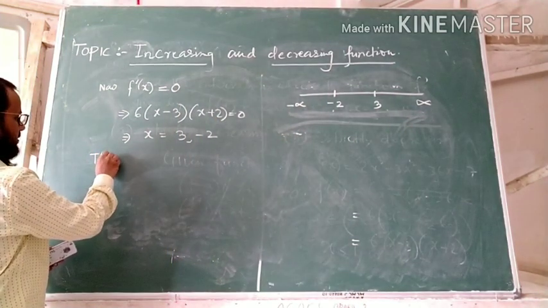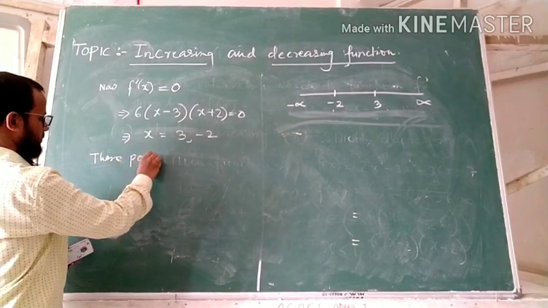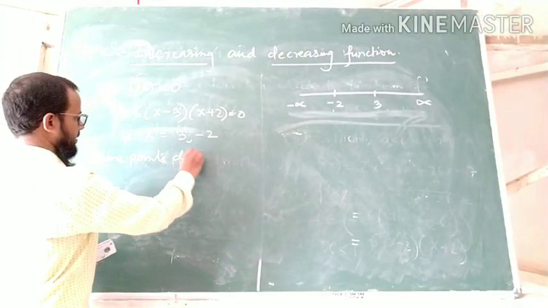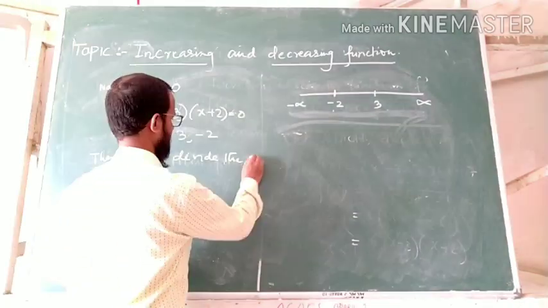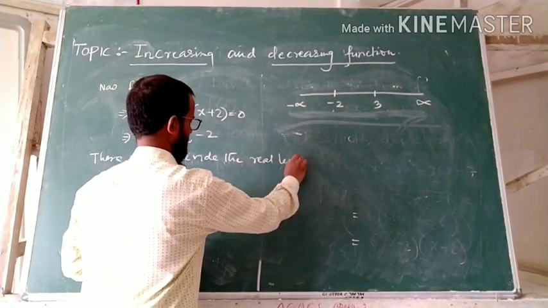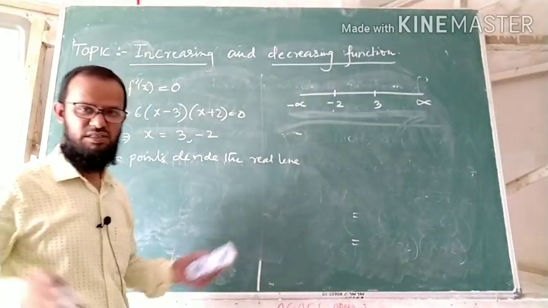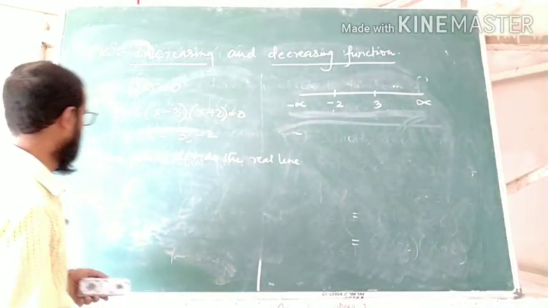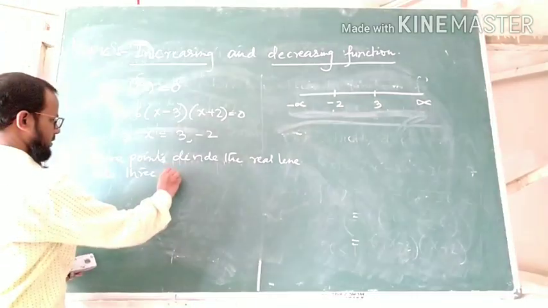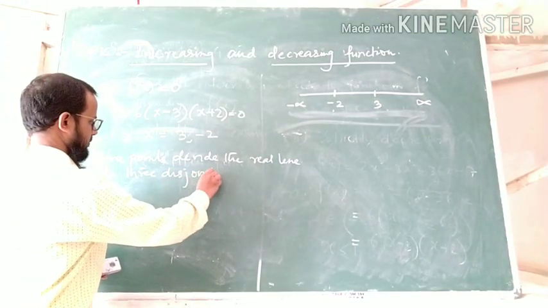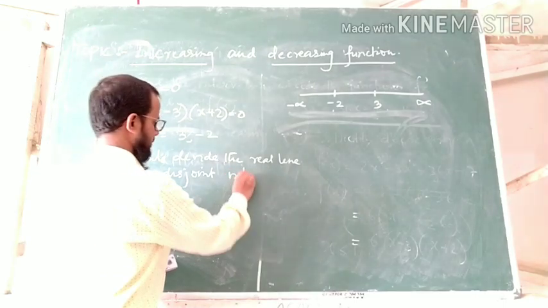These points divide the real line, because the set of real numbers is called the real line, into 3 disjoint intervals.